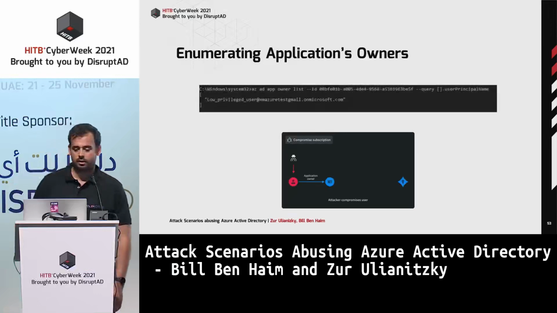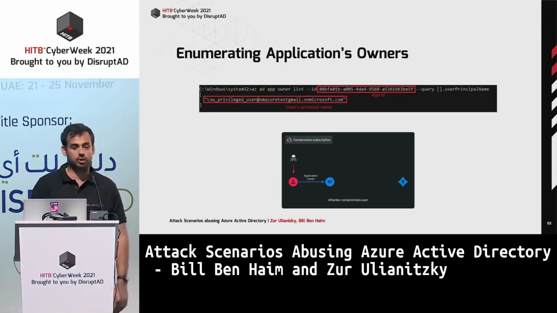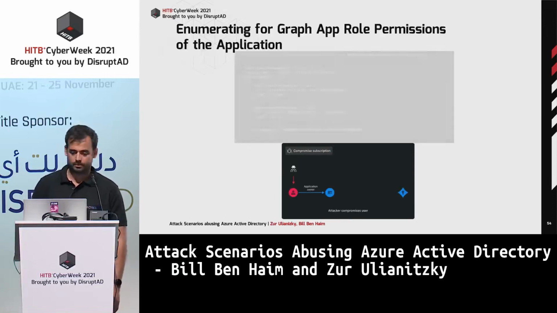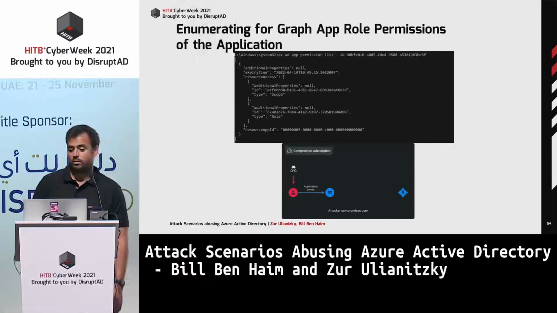First, the attacker needs to enumerate the owners of this specific application by using the app ID of the application that he wants to enumerate, and discovers that the compromised user account, the low privileged user, is the owner of that application. Next, he needs to list the current application permissions and discovers that this application has the Group.ReadWrite.All permission.